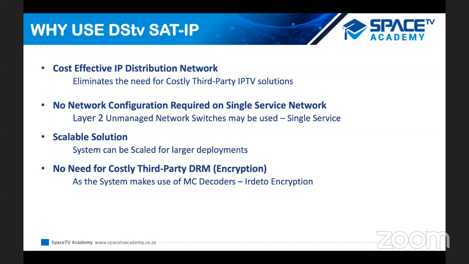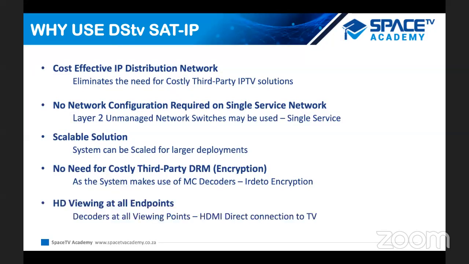These third-party encryption systems are often very costly and push up the cost of such a deployment very high, making it virtually impossible for smaller applications due to the high cost. With SATIP, we overcome this problem, and we are able to give the guys the service at a very reasonable cost.